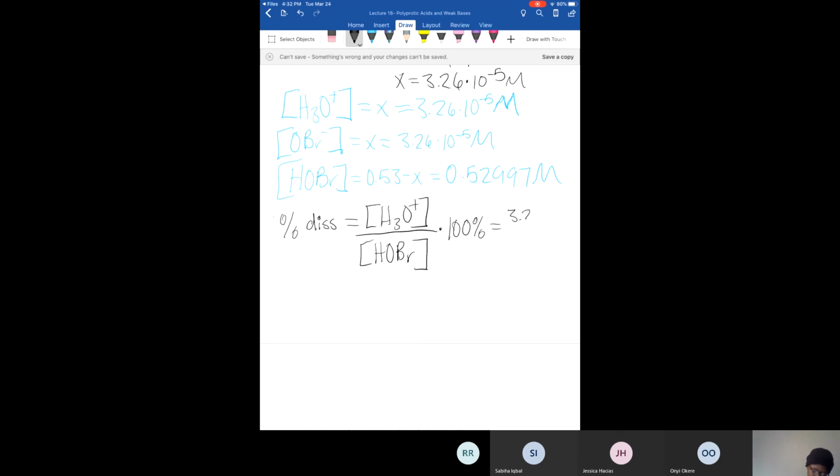So that's 3.26 times 10 to the negative 5 over 0.53. So you get 6.15 times 10 to the negative 5 times 100%.